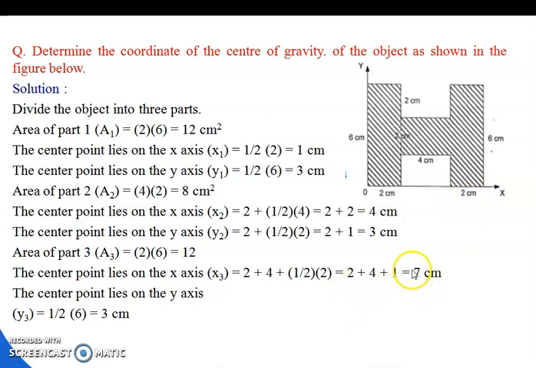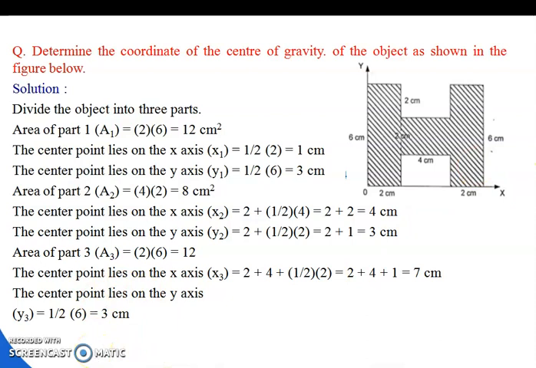So the total is 7 cm. And y3, the center point along the y-axis, is measured from this reference line. The value is half of the 6 cm, so half into 6 cm, which is 3 cm.